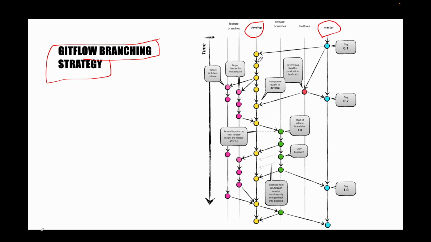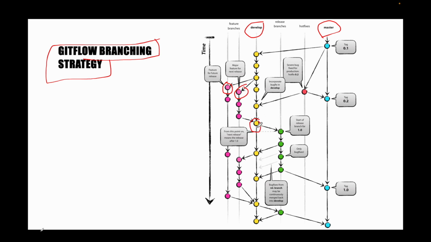If you have to make any development, any developer would create a feature branch. A developer may create this feature branch and start working here. Another developer may be working on some other feature. They can create a feature branch here and start working on it. Once this work is complete, they can merge it into the develop branch again.